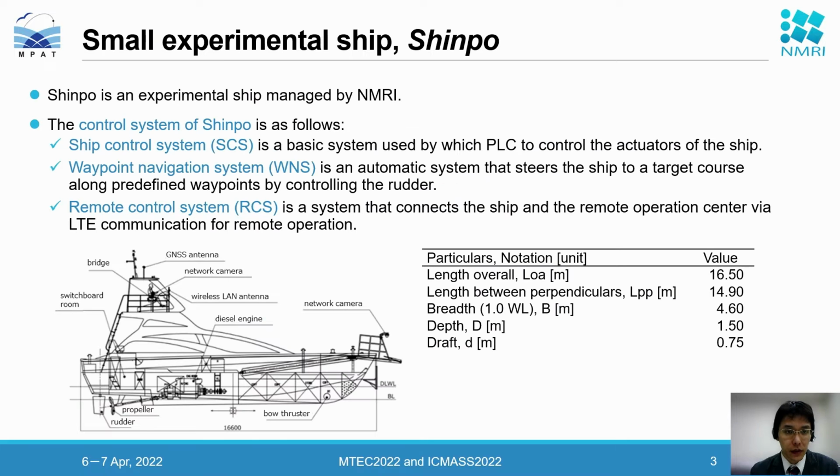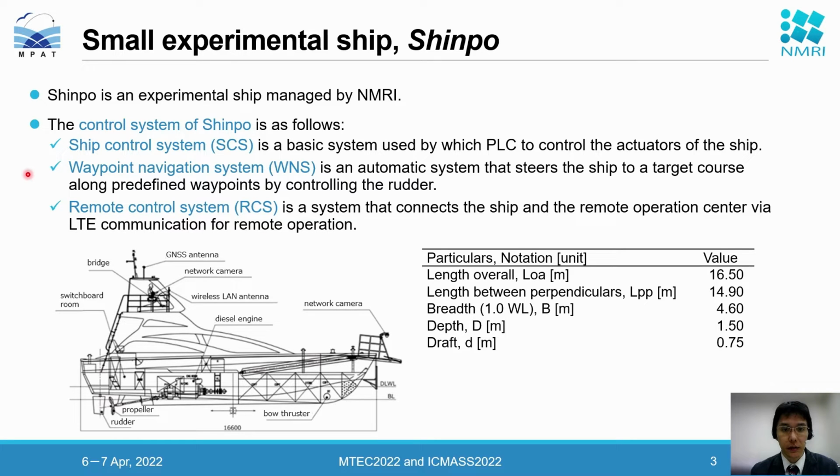In this slide, I will introduce the experimental ship Shinpo. The control system of Shinpo consists of three systems. The first system is the ship control system. This system is the basic system to control actuators using a programmable logic controller. Another system is the waypoint navigation system.